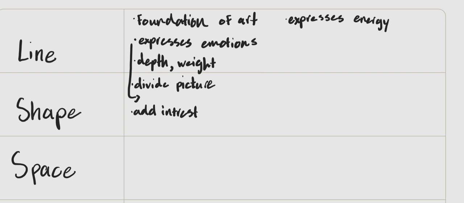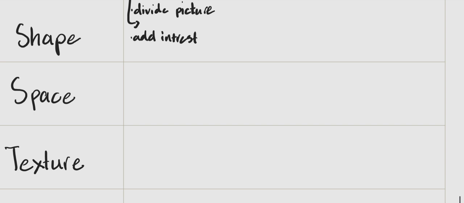So now that we know that, we also have space, because there's specifically either negative or positive space. So negative space is the space between and around objects.